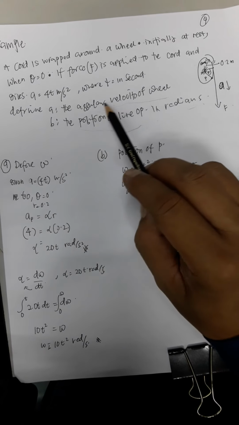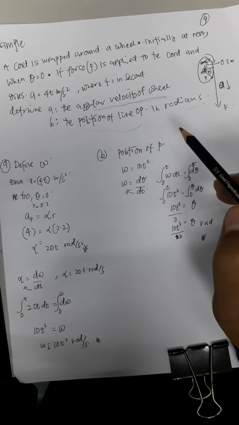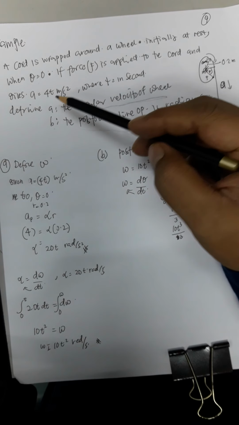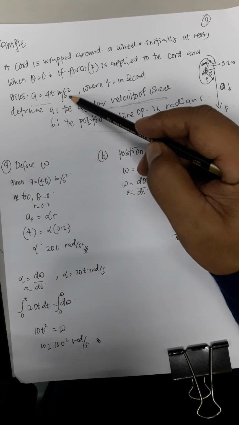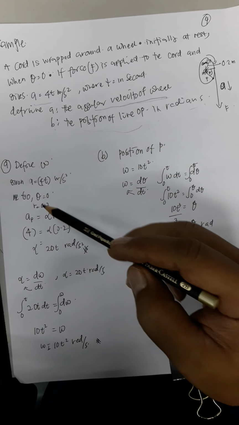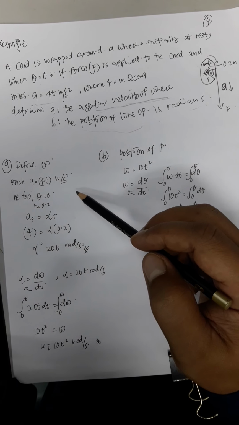So for A, we have to define the angular velocity of the wheel. It gives that the acceleration equals 40t meter per second square.